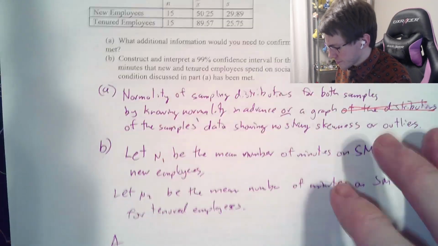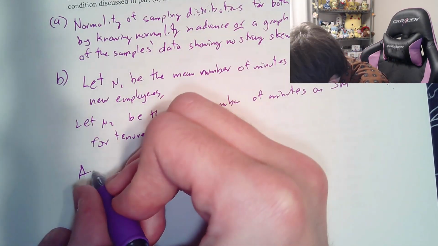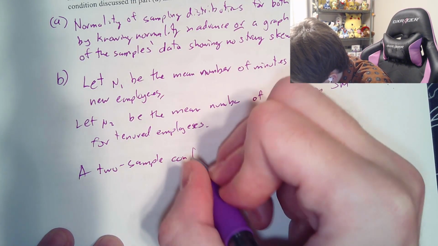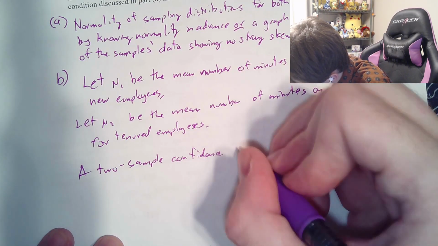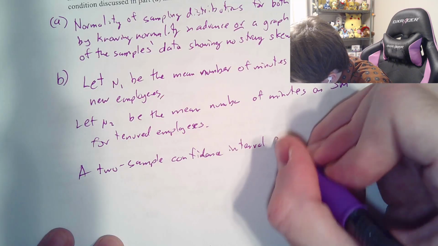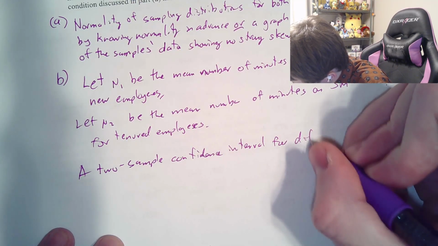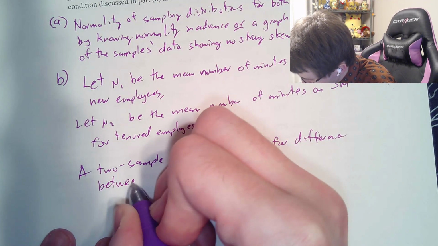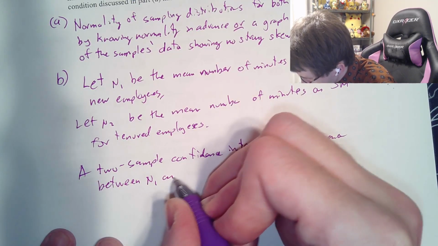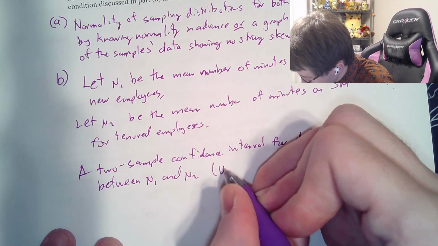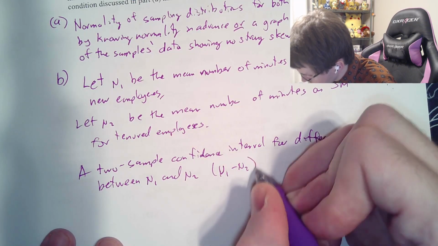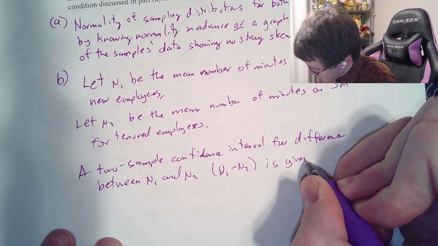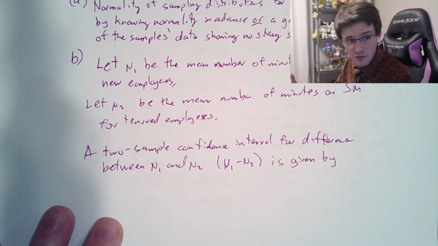A 2-sample confidence interval for the difference between mu1 and mu2, mu1 minus mu2 specifically, is given by the confidence interval formula.